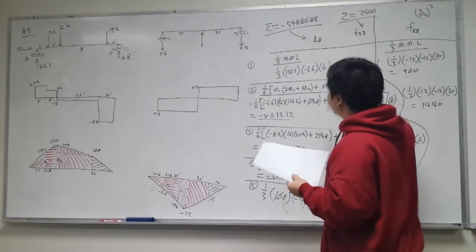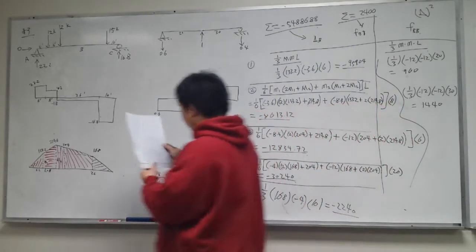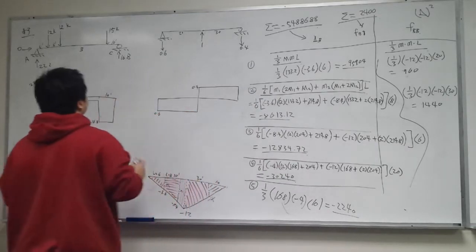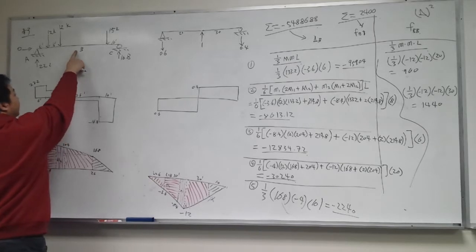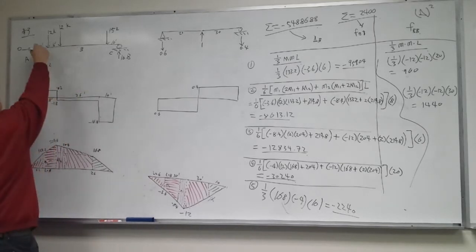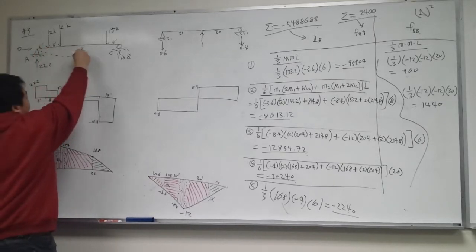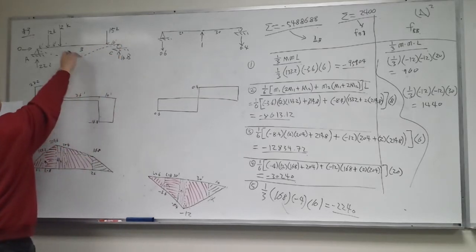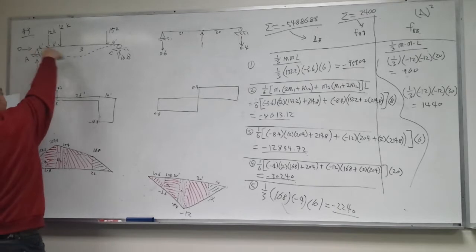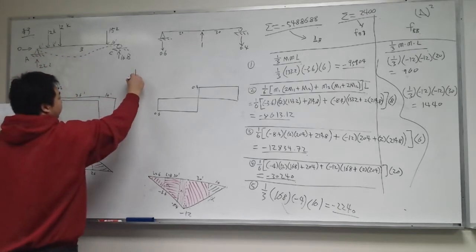So if you have this, you have to go back to the formula. Before, we had a roller here, but you remove it, so you're going to have a deflection like this. I assume going down is positive.